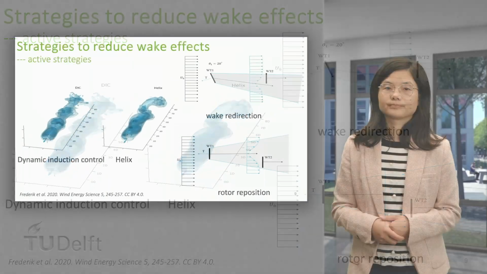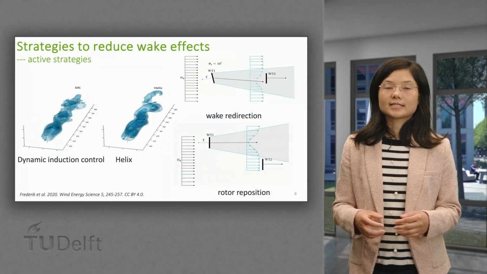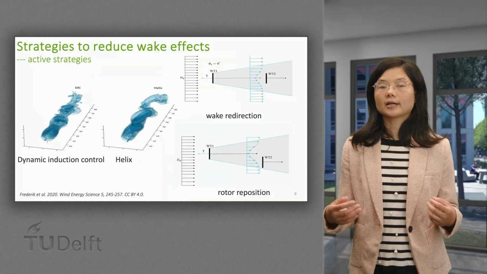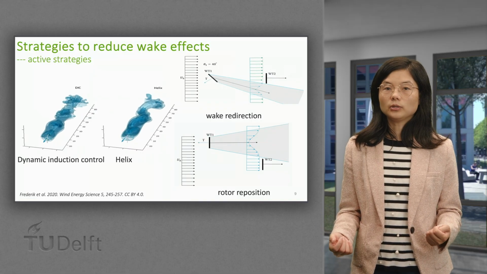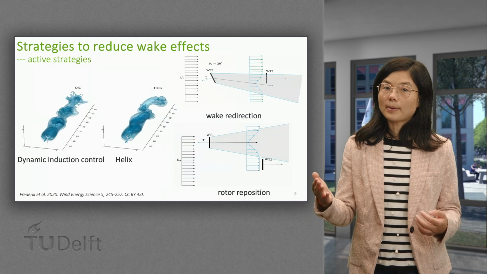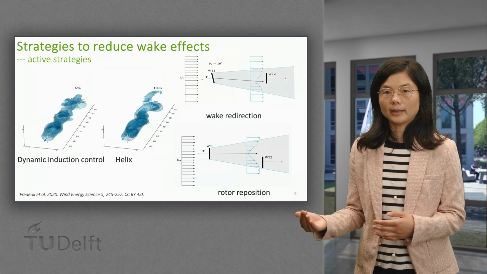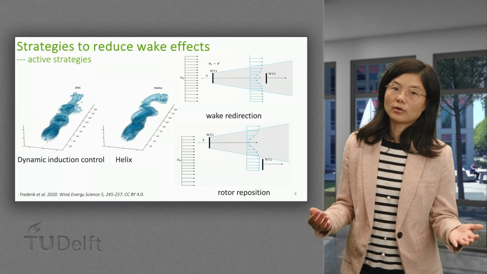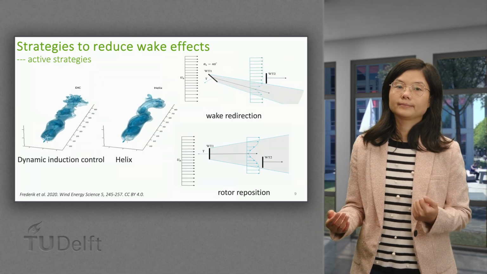However, the success of these strategies depends on careful design. For example, the yaw offset must be chosen to ensure that the power gain of the downstream turbine outweighs the power loss from the misaligned upstream turbine.